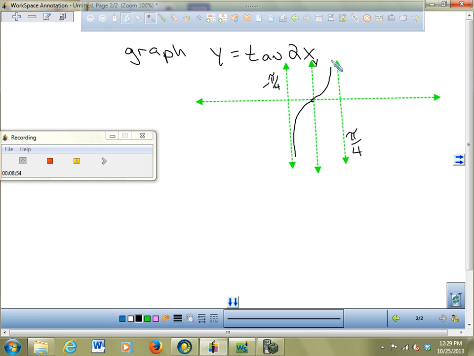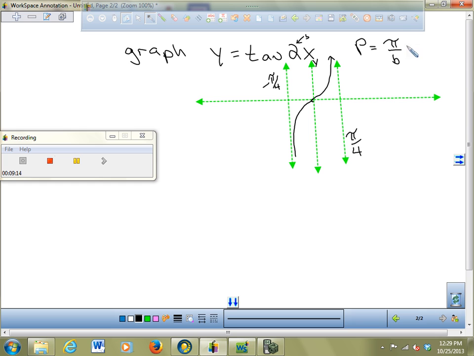Okay. And unlike sine and cosine, with a period of 2 pi, with tangent and cotangent, the period is equal to pi. If you can't think about it that way, it's equal to pi over b, where this number here is b, right?